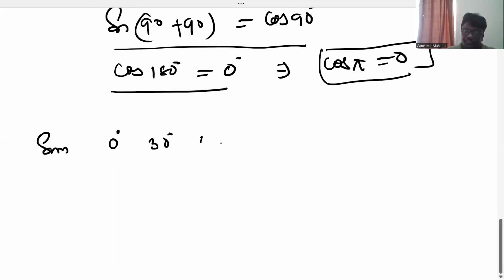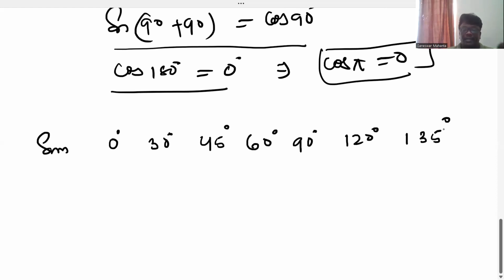Then 45 degrees, then 60 degrees, then 90 degrees. 90 plus 30, 120 degrees. 90 plus 45, 135 degrees. And 90 plus 60, 150 degrees. These are the angles of sine theta.